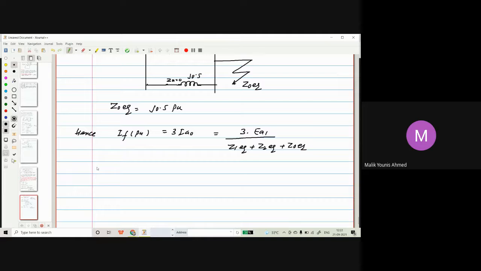So IF in per unit will be 3 into 1, because pre-fault voltage is 1, divided by J.2 plus J.15 plus J.15. Sorry, this is J.5, I think. I'm writing wrong.